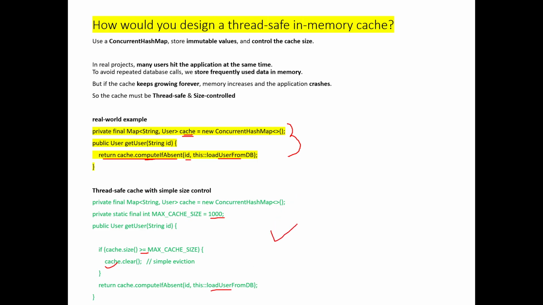So the question is how you can define your cache as thread-safe and managed. This is the way you can define your cache as thread-safe with proper design. You are removing entries at a particular threshold.